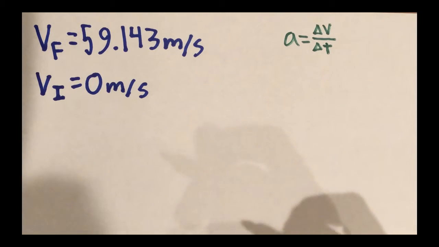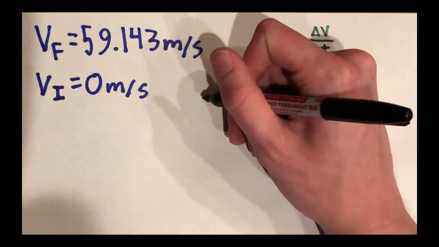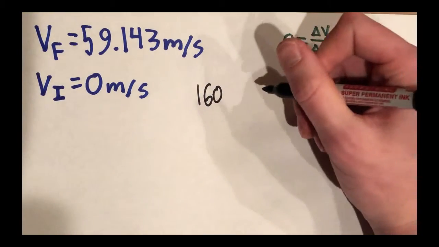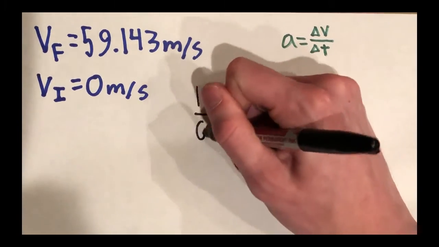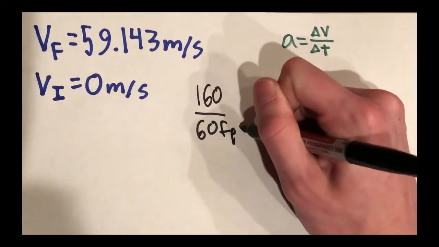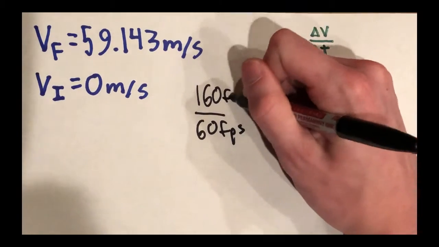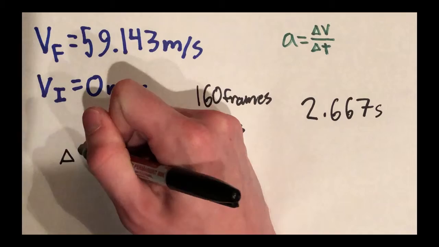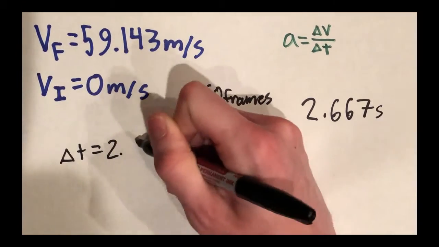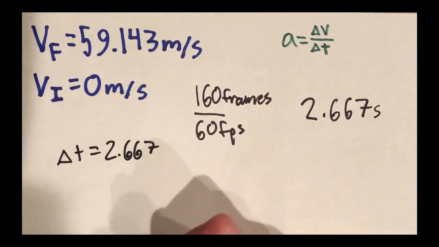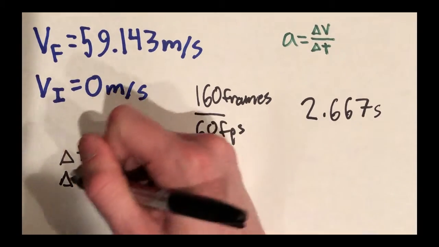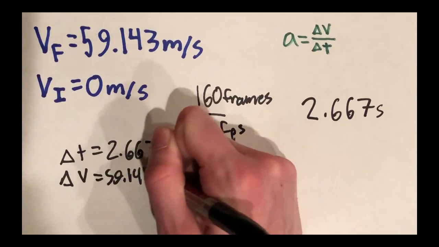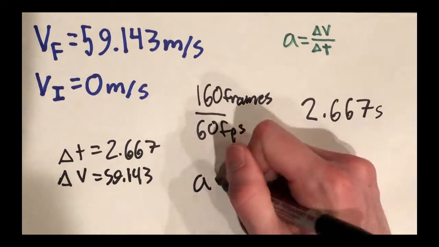To do this, we look at when we reached that final velocity, which was around 160 frames, which when you divide that by 60, because 60 frames per second, now that we know our delta t is equal to 2.667 and our change in velocity is just equal to 59.143, we can solve for acceleration.